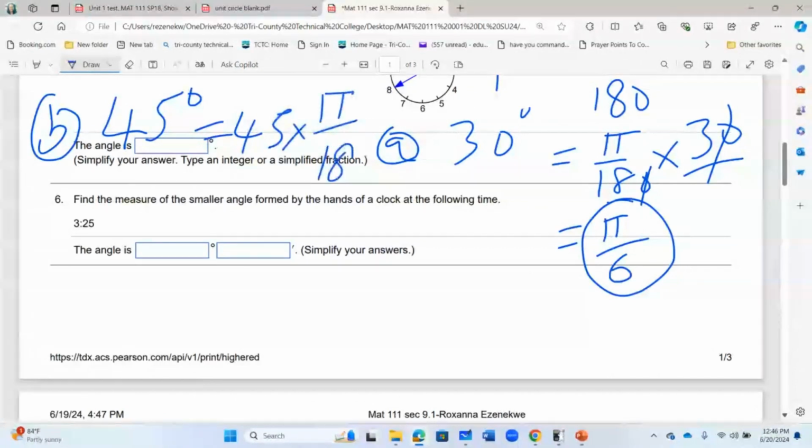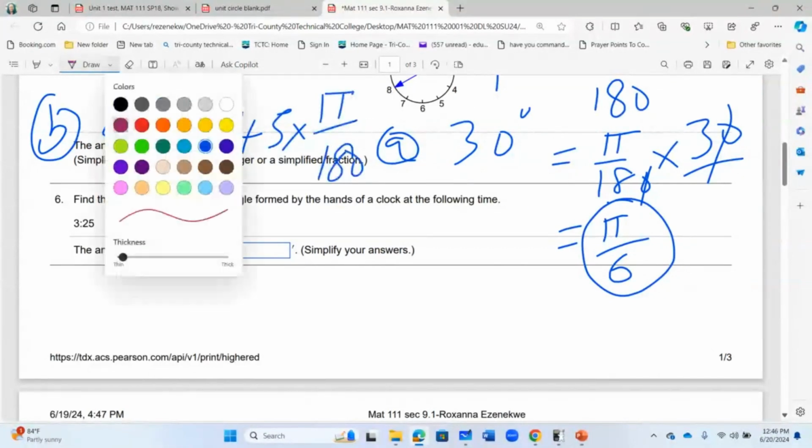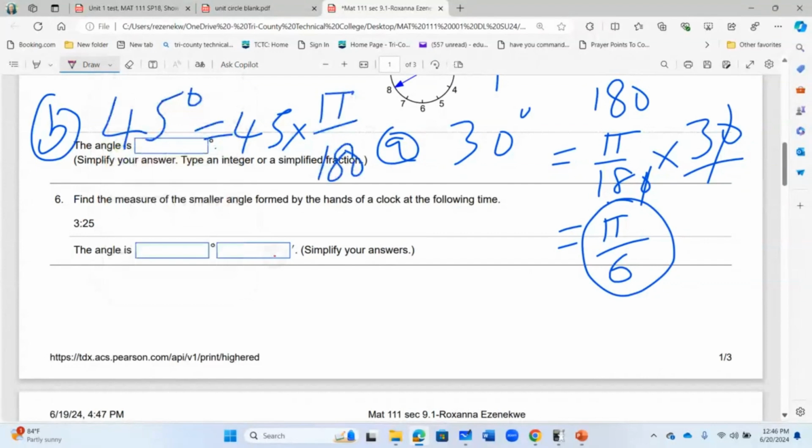And when I simplify, I know that I can just divide anywhere, but when I finish, I have pi over 4. Therefore, 45 degrees is always equal to pi over 4.